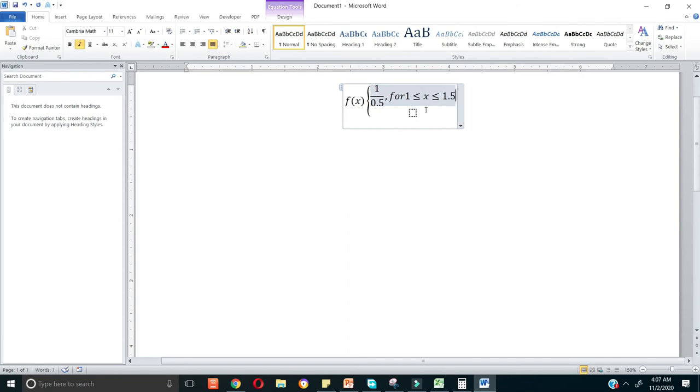And then you have the second part, and it is 0 elsewhere, right? So this is your step function.